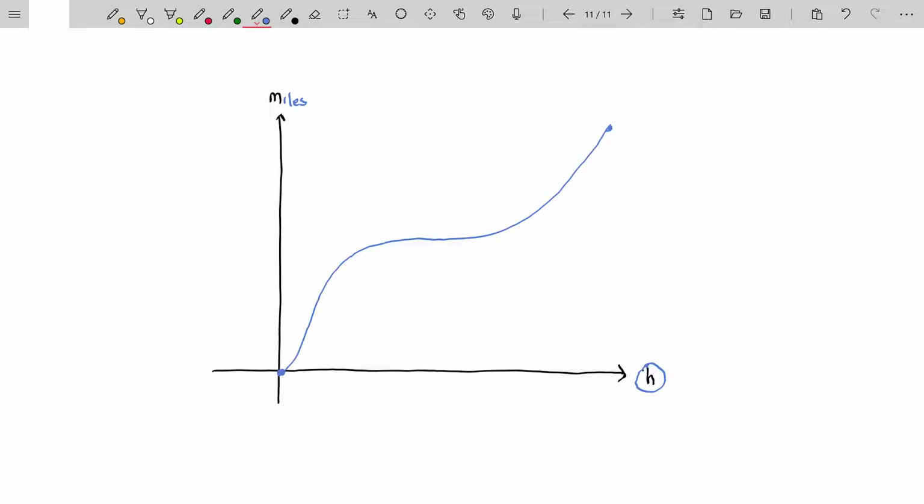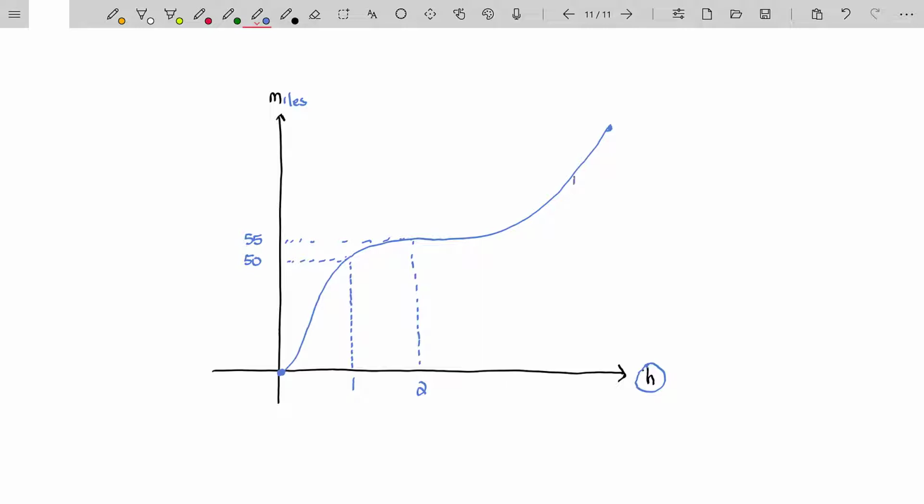So for example, at time 0, you've driven 0 miles. But let's pretend at time 1, hour 1, you are 50 miles away from your initial origin. And at hour 2, you are, oh, I don't know, that looks like maybe 55 miles away from your original origin.